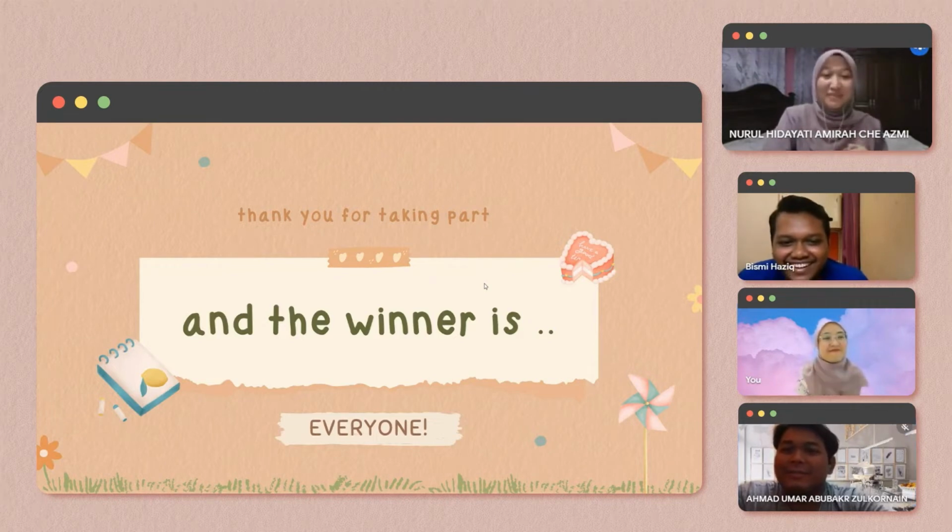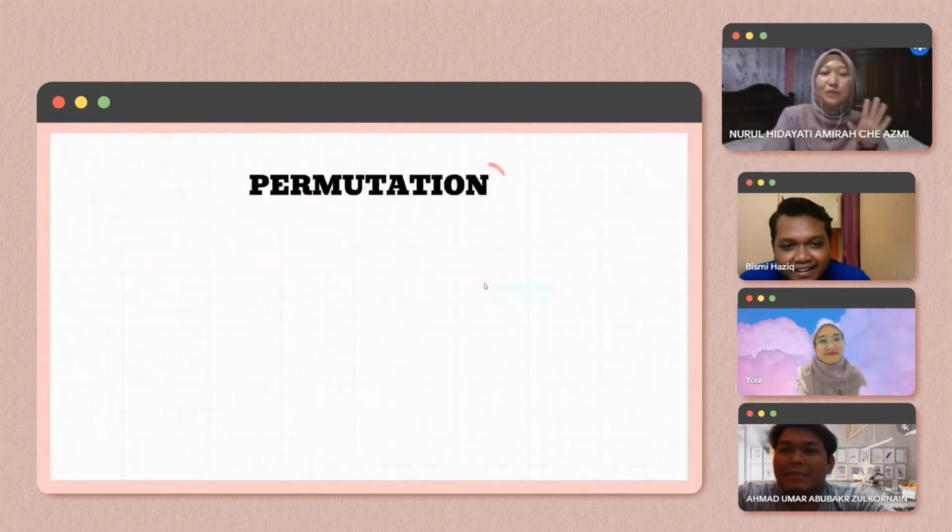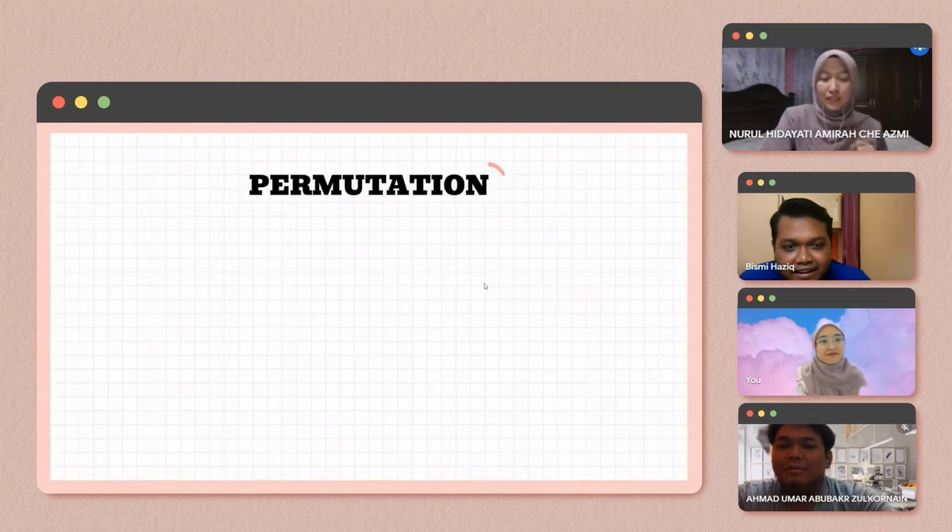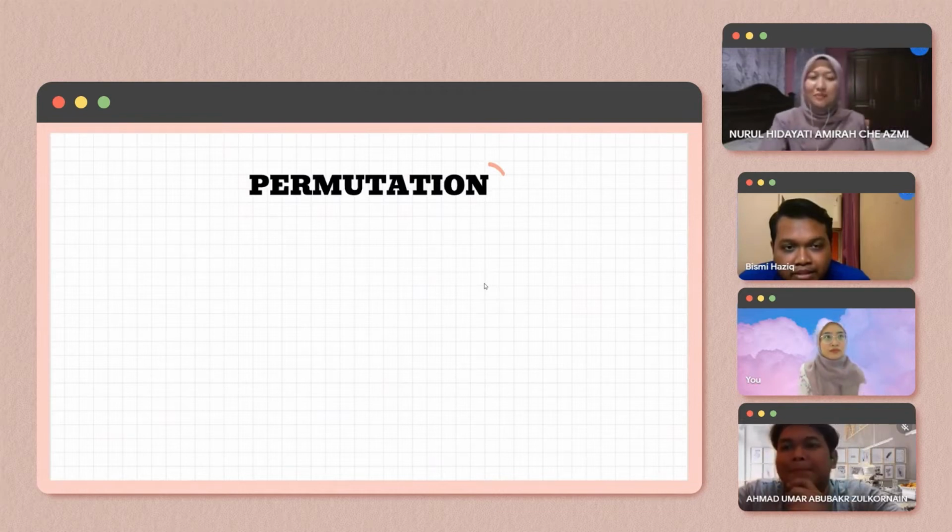Before we end our class, I want to recap what we learned today. What is permutation?